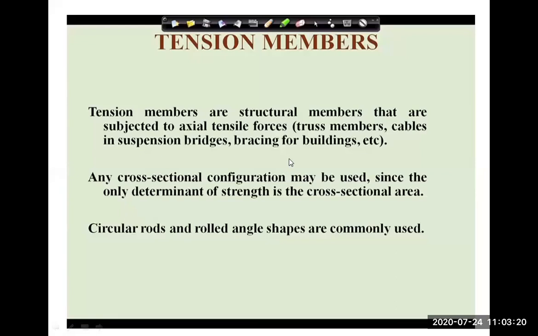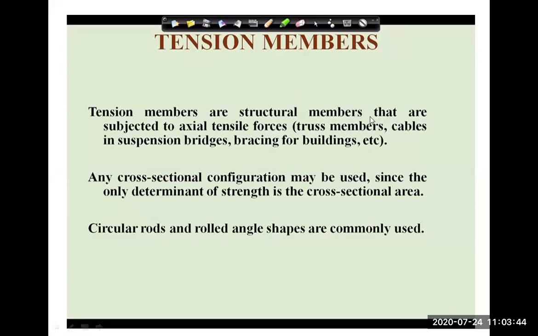Structural members are nothing but whichever members in a steel structure or in a concrete structure are under loading condition. Means some load is coming on those members; they are the structural members.